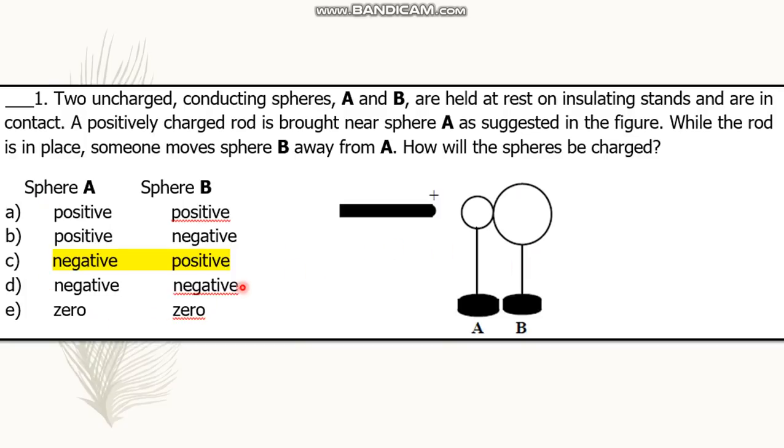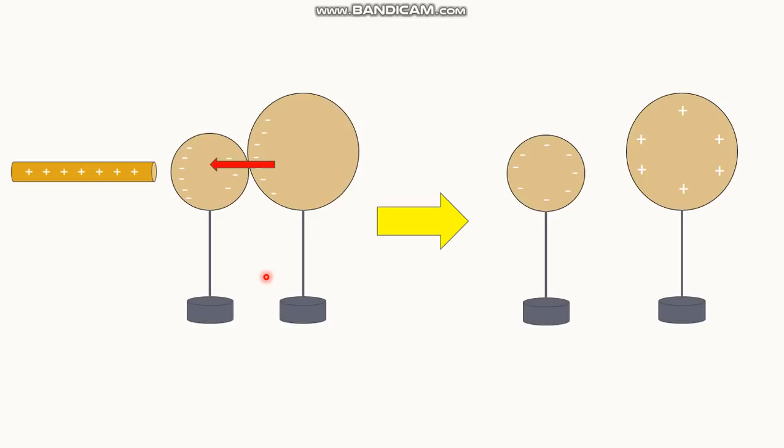So the answer for this one is letter C, and the reason is that if you place the positively charged rod near sphere A, the smaller sphere, the freely moving electrons present in sphere A will tend to move to this side of sphere A. This will leave this side with a net positive charge.